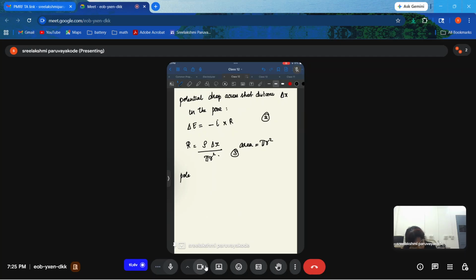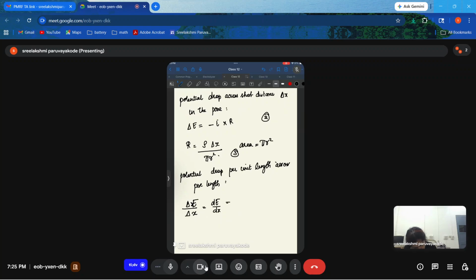Now, in the same way, the potential drop per unit length across the pore length is given by delta E by delta x, dE by dx.